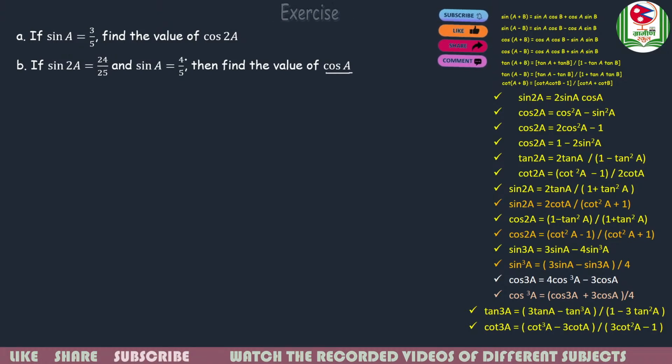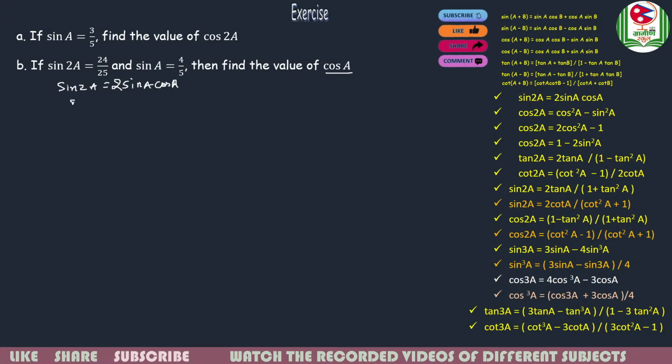From sin A equals 4/5, you can use the relation cos square A equals 1 minus sin square A, that is cos A equals root under 1 minus sin square A. Or you can apply the formula sin 2A equals 2 sin A into cos A, and put the respective values.